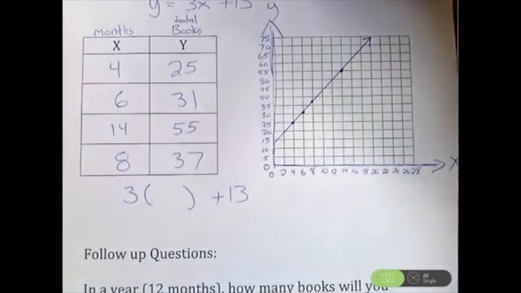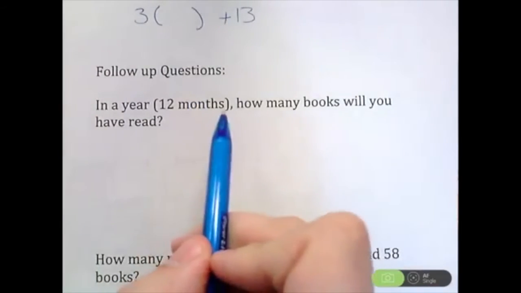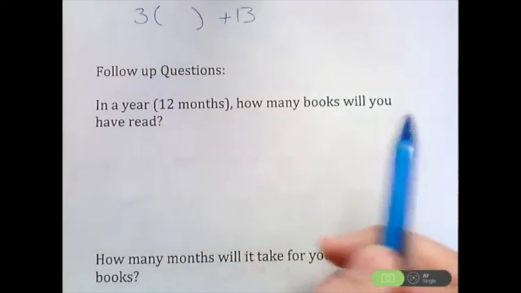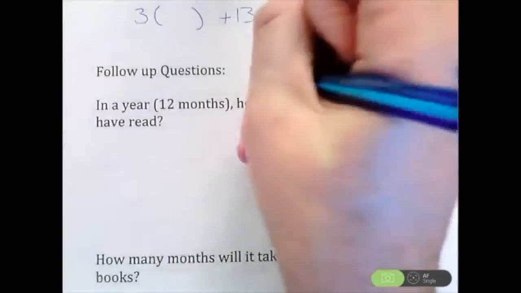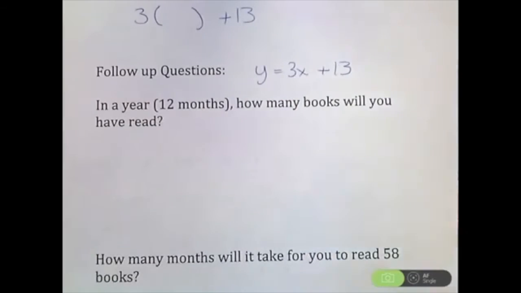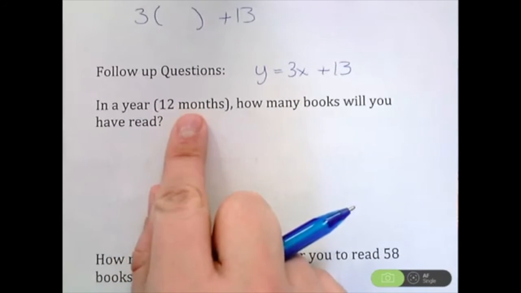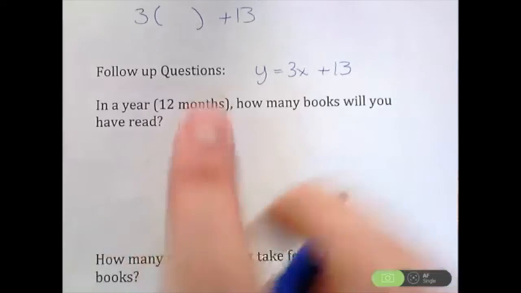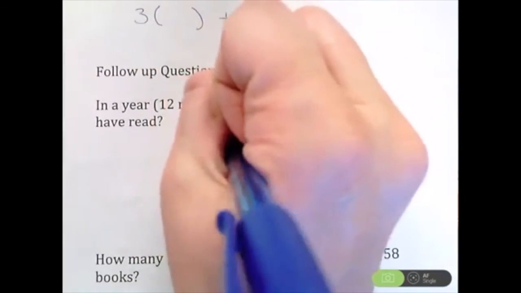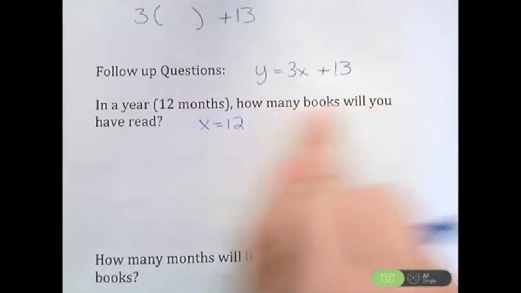A few follow-up questions here. First one, in a year, which is 12 months, how many books will you have read? So remember, we have this equation y equals 3x plus 13. Well, they gave us a number here, in a year, which is 12 months. Remember, we defined months as x. So they're saying when x equals 12, how many books will you have read?